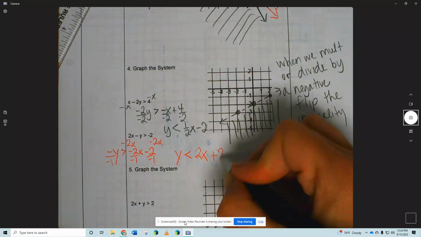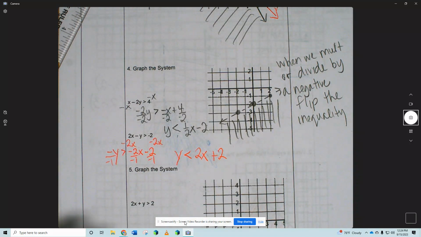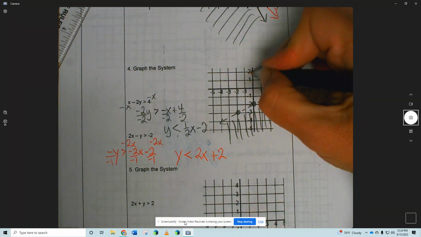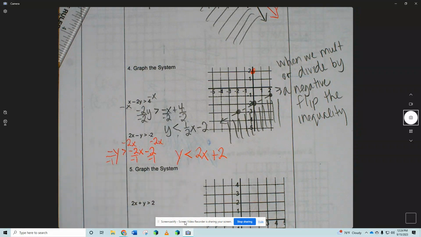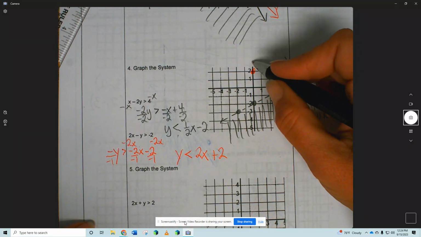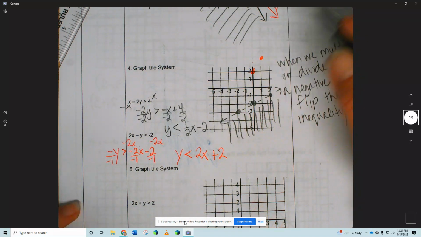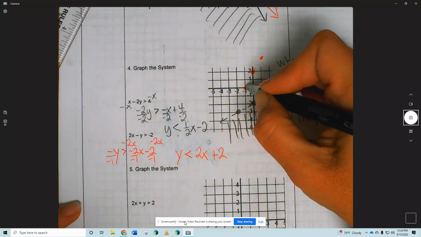Thank you. All right. Begin at positive 2. The slope is 2. I'm going to be off the graph, but that's okay. The slope would be rise 2, run 1. So I'll go down 2, left 1.